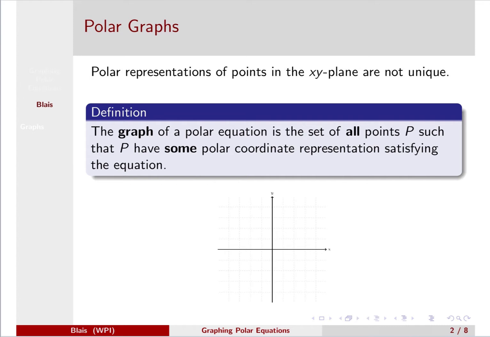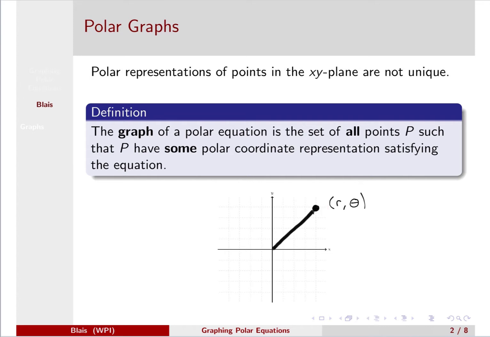And recall that this comes from the idea that if you have your point r theta in the xy plane, so we define it by this line segment connecting the point P to the pole, which is the origin, you can do things like add multiples of 2 pi to the theta, and that rotates you back to the original point.